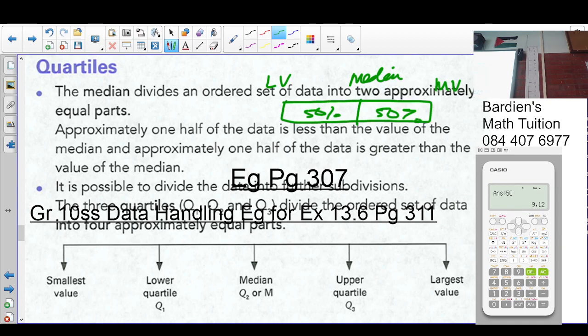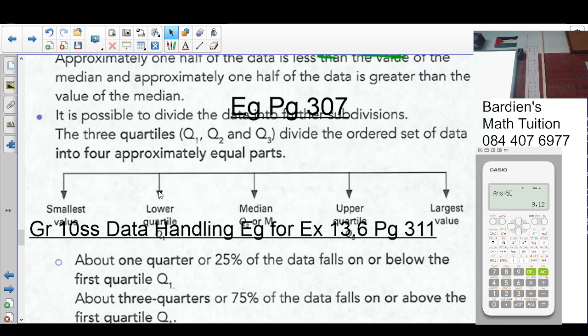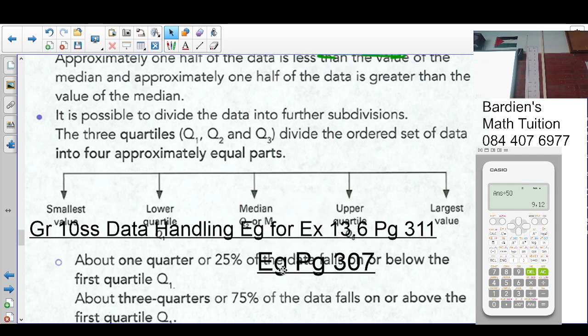Approximately one half of the data is less than the value of the median, and the other half is approximately 50% more than. This is an approximation. Then we are told that it is possible to divide the data into further subdivisions.